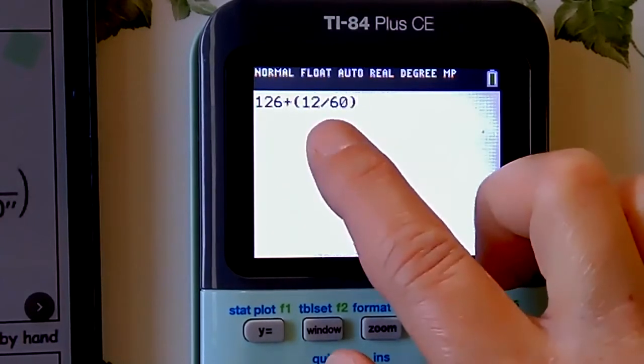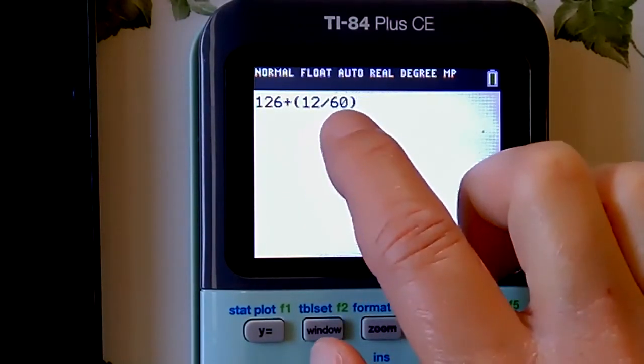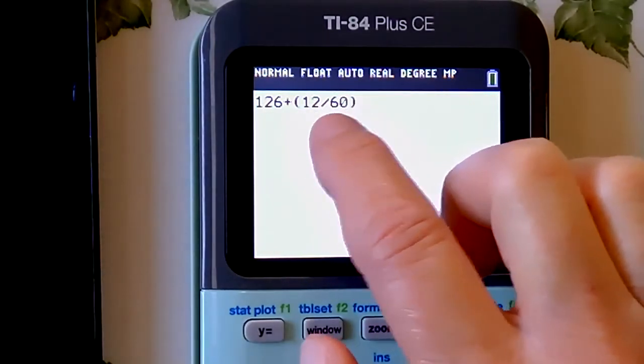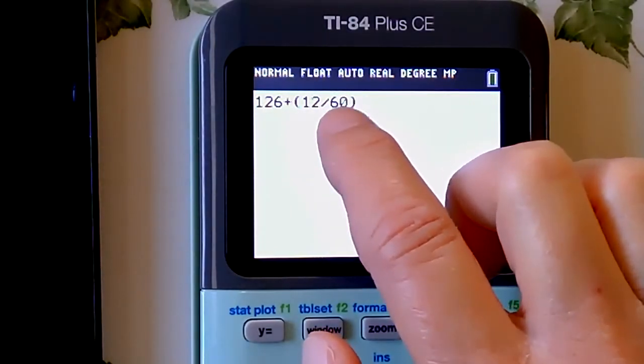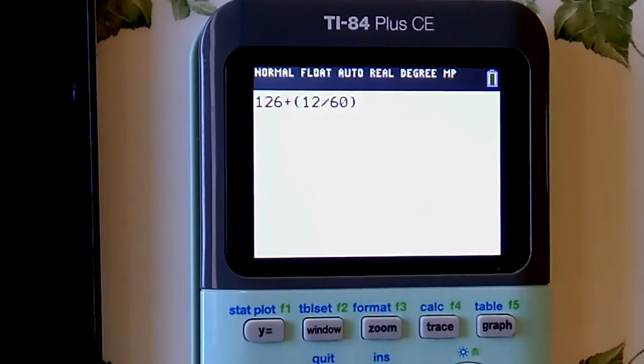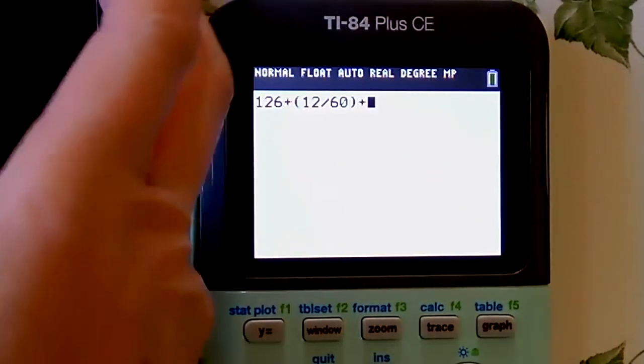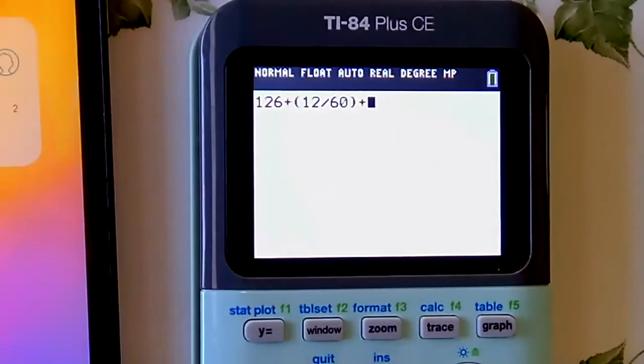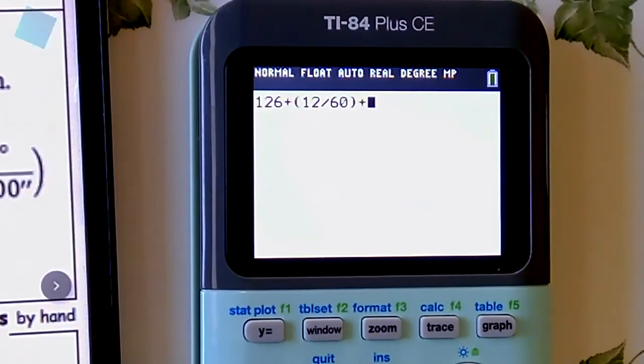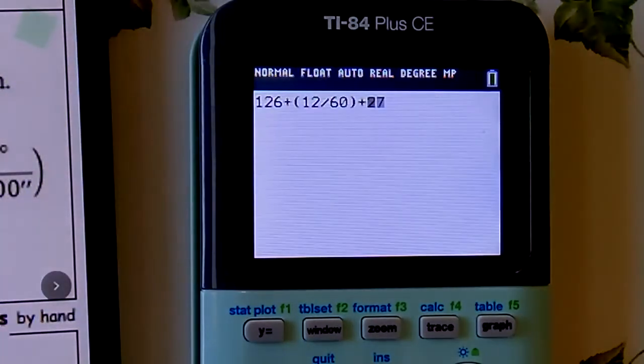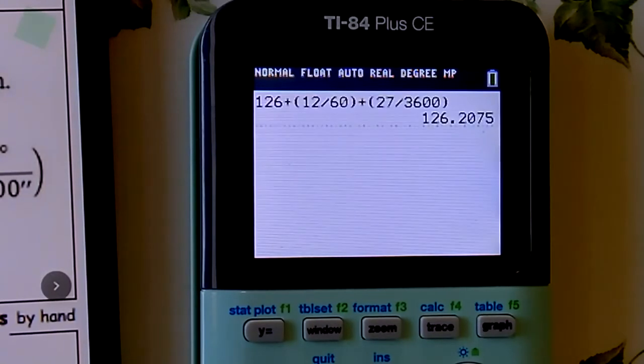So this is 12 minutes divided by 60 minutes to see what part of a degree I have, because 60 minutes is 1 degree, plus 27 divided by 3,600.